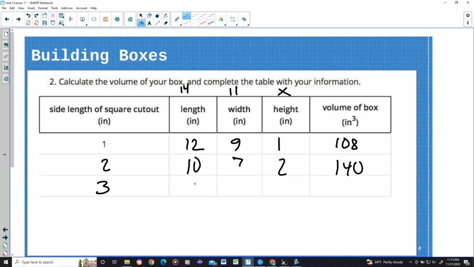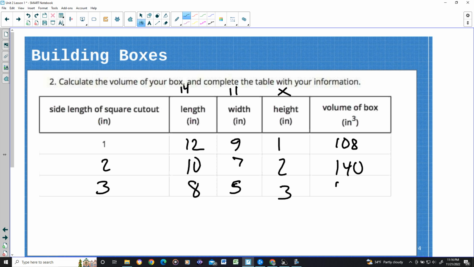This now drops to 8. You can see the pattern here. 11, we lose 3 on each side. That's now 5. And the box is now 3 inches tall. And 8 times 5 is 40, times 3 is 120.